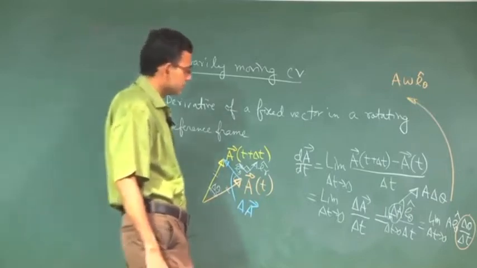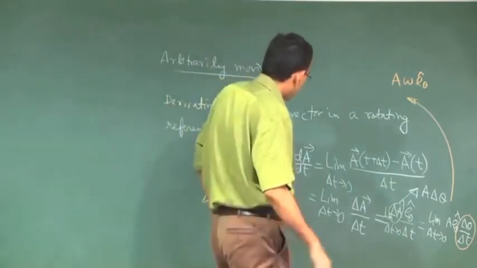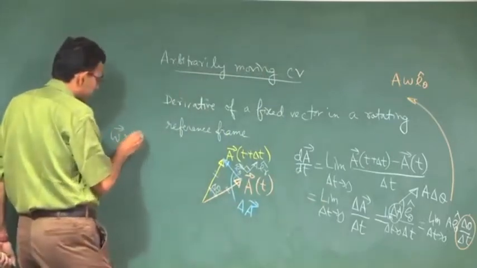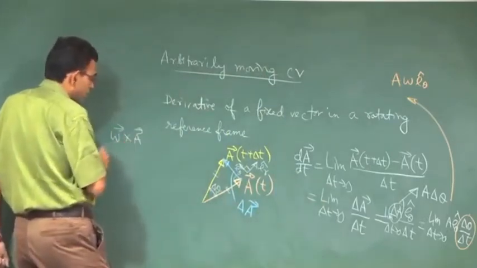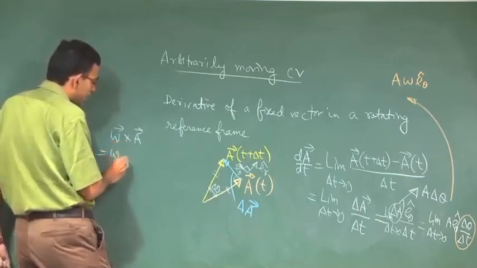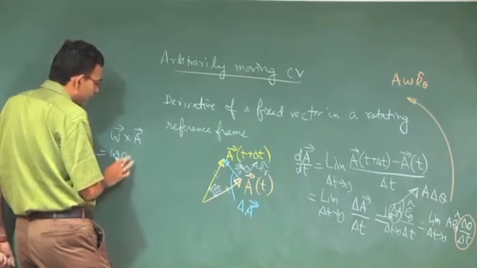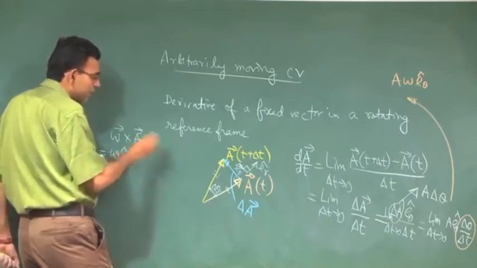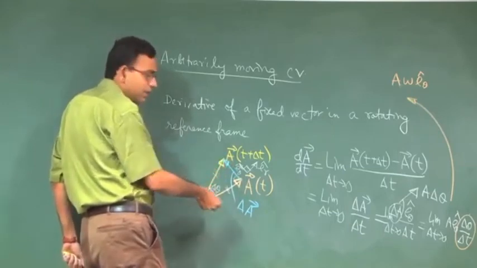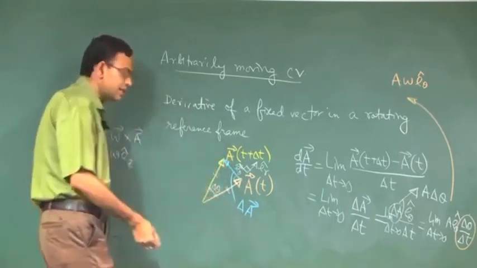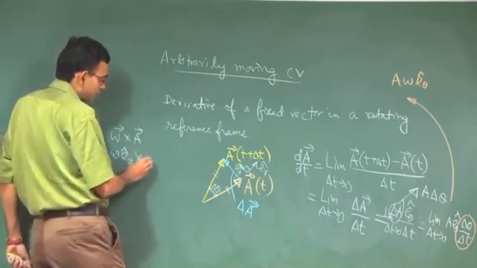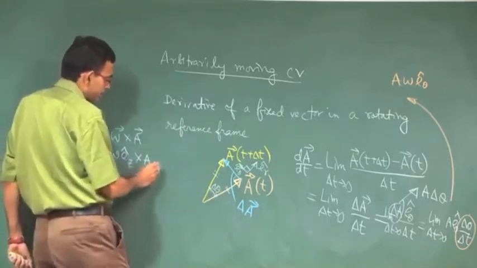Now let us separately calculate what is omega cross A. This angular velocity vector is the omega scalar times the unit vector along the z axis, because the rotation is taking place in the r theta plane. So the rotation vector is along the z axis. Cross A is A ER.